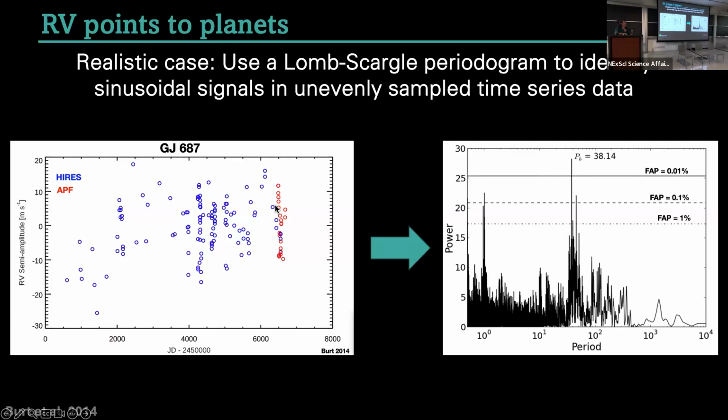And so we use something called a Lomb-Scargle periodogram or similar techniques, which can handle unevenly sampled data, to take those radial velocity points and look at what peaks emerge in period or frequency space.